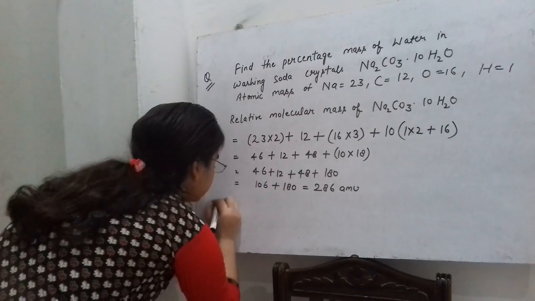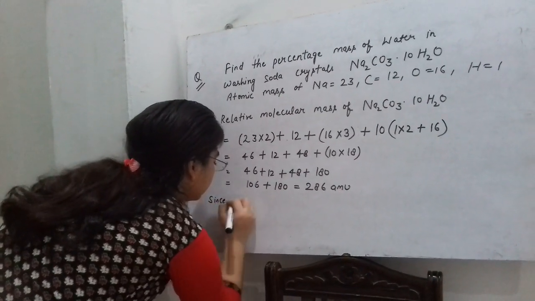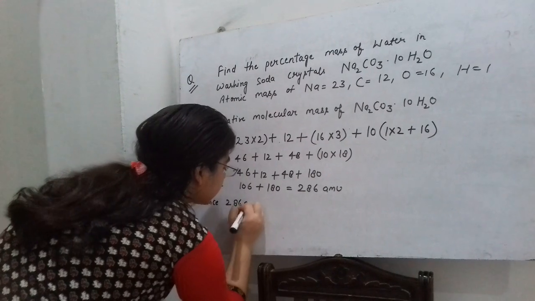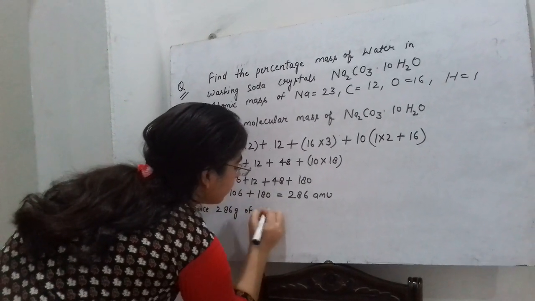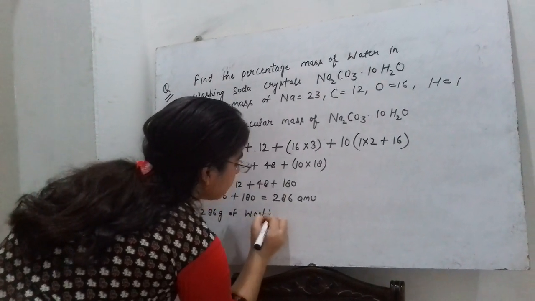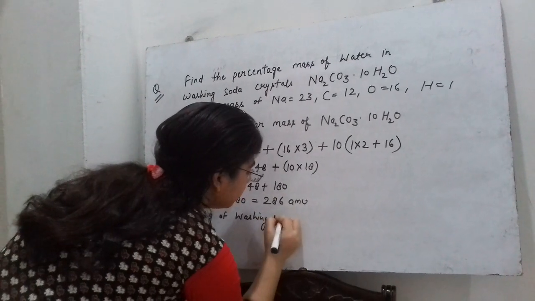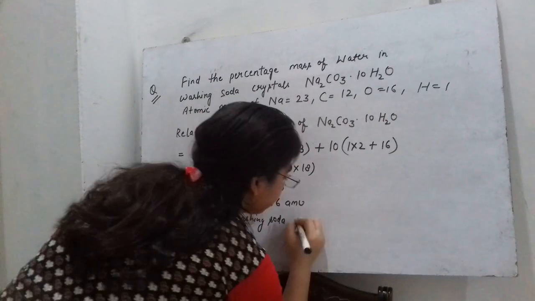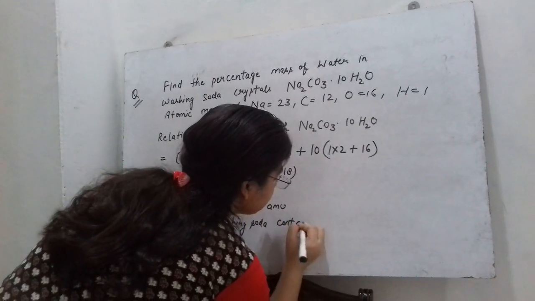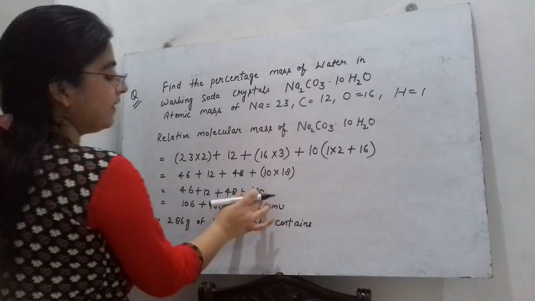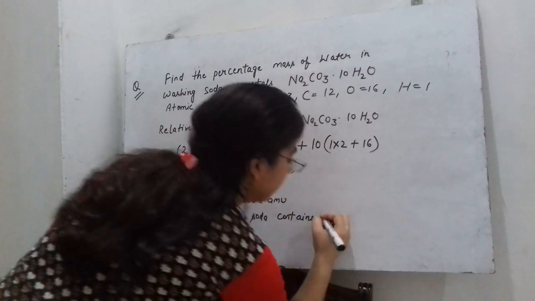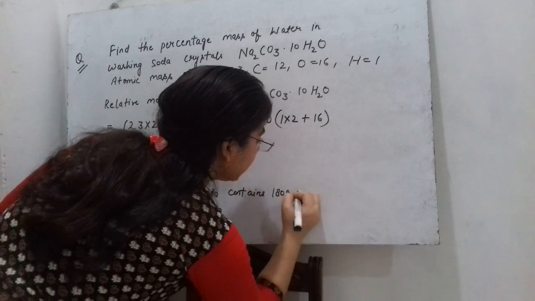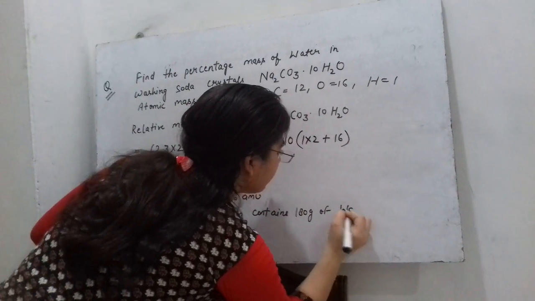So we will write, since 286 gram of washing soda contains 180 gram of water.